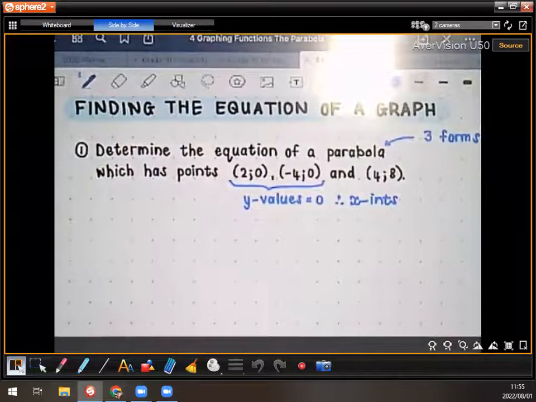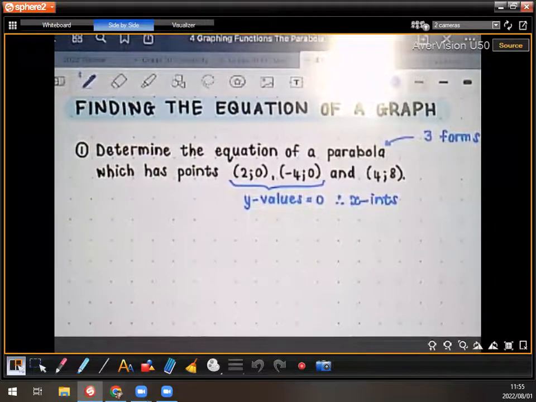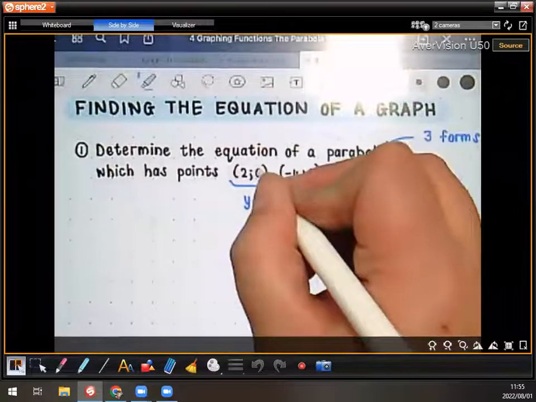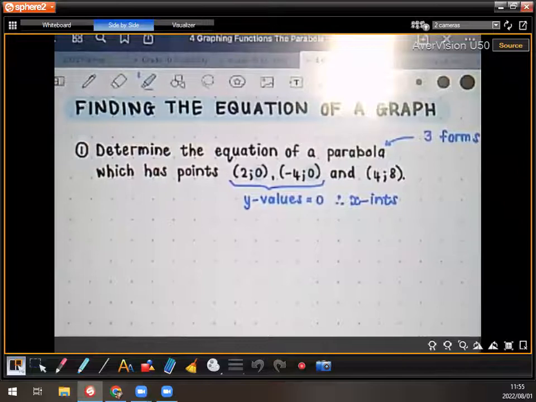We made y equal to 0. So any point with a y value of 0 is an x-intercept. Okay, they're not going to tell you that. They're not going to say with x-intercepts this and this. All right, if they're giving you the coordinates, you need to see my y values are 0. So that means that those are x-intercepts.